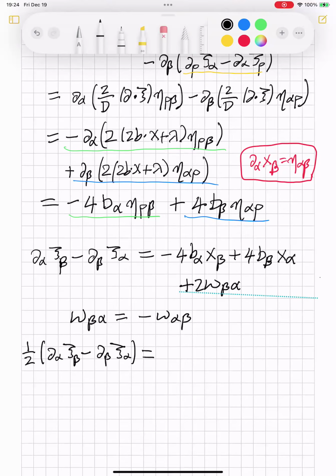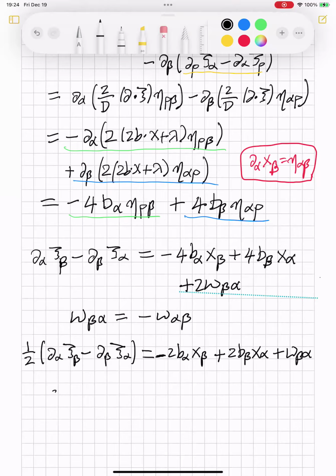So I just need to multiply by 1/2. It will be minus 2 b alpha x beta, and then it will be plus 2 b beta x alpha, and then we'll have plus omega beta alpha.